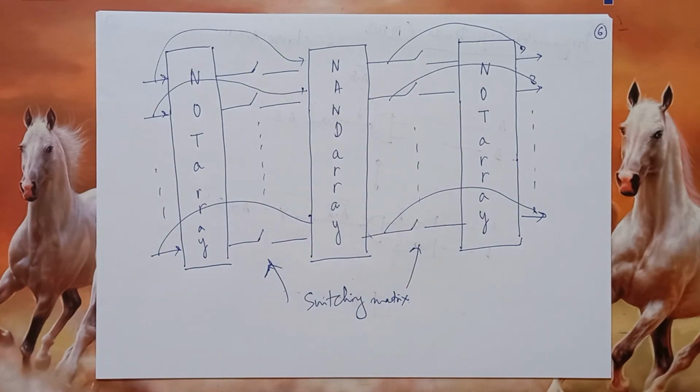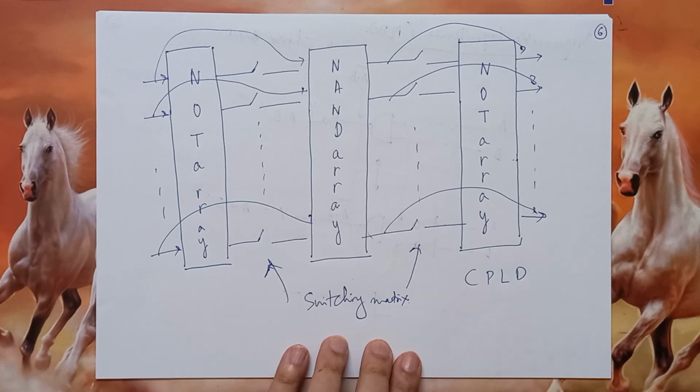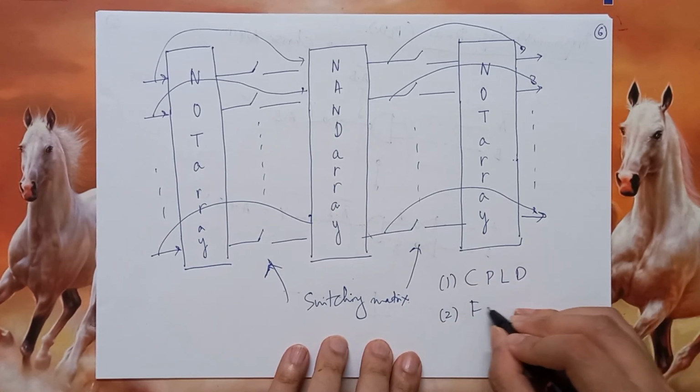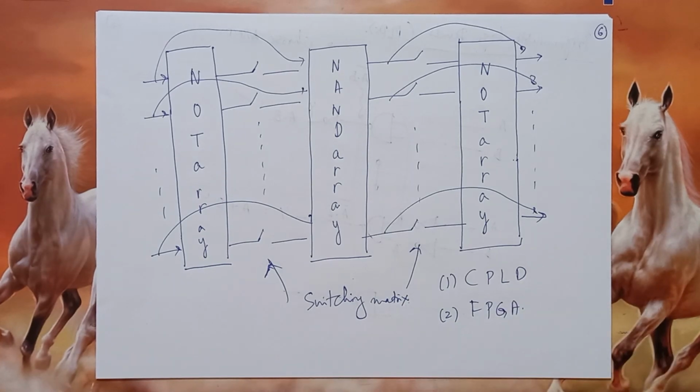The discussion on PLDs is a little outside the scope of this course. However, there are two popular PLD types which are being used today. One is called a CPLD, that is a complex programmable logic device, and the second is something called an FPGA or a field programmable gate array.